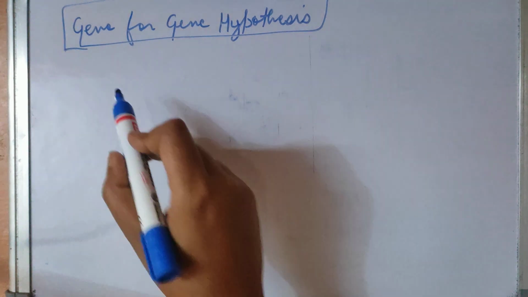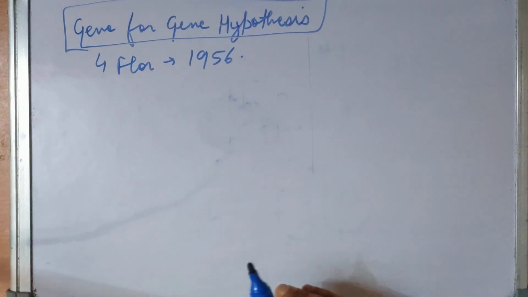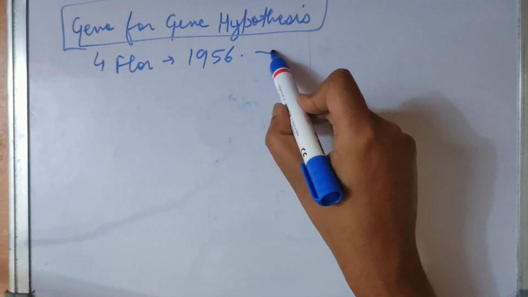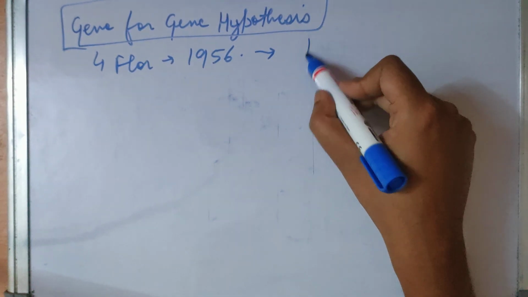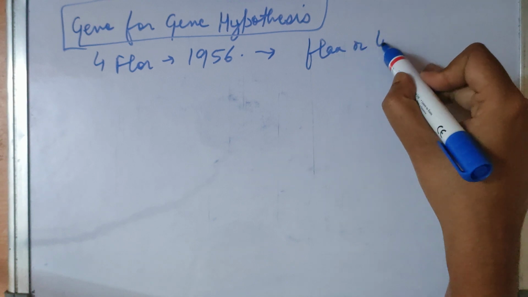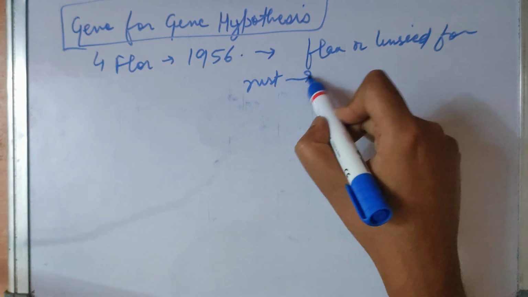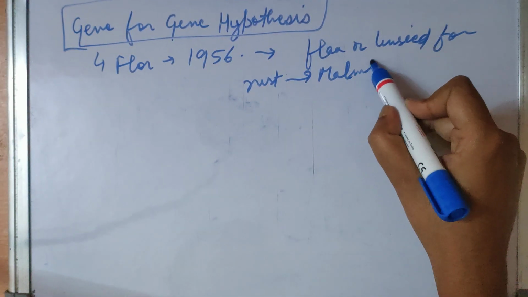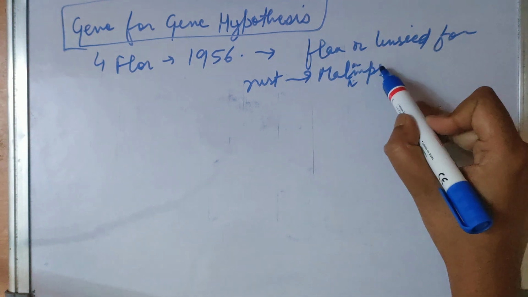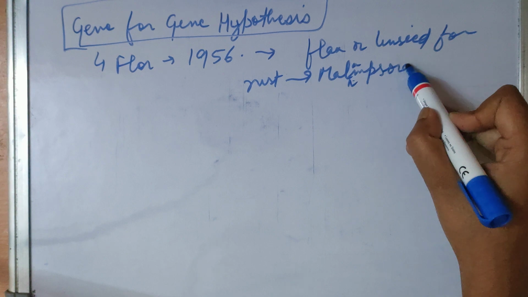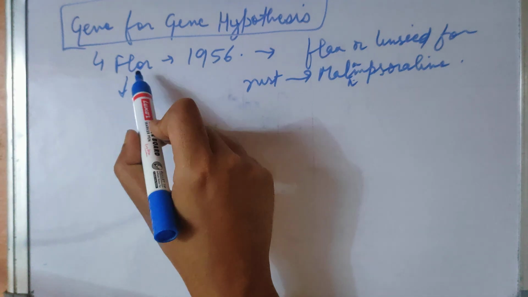It was given by Flor in 1956, on his studies of host interaction in flax or linseed, for rust caused by Melampsora lini. It is also known as the Flor hypothesis.